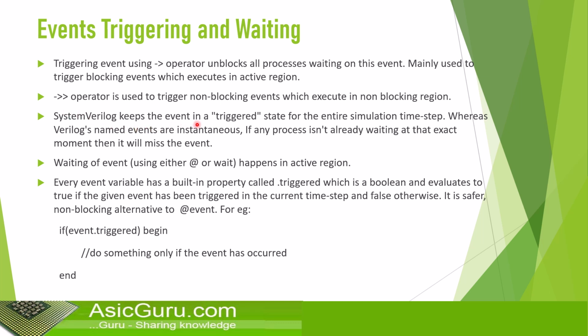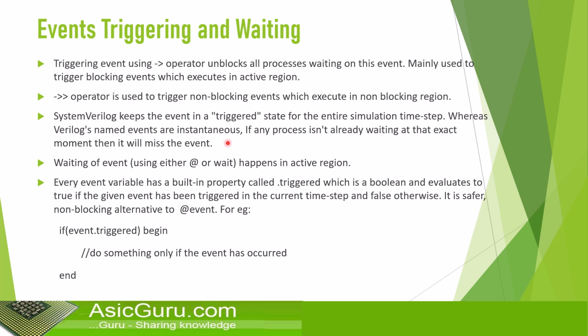In SystemVerilog, an event is kept in a triggered state for the entire simulation timestamp. What does it mean? If multiple processes are waiting on that event, they can all catch it within the timestamp. But in Verilog, all events are instantaneous, meaning as soon as you trigger it, the event is considered triggered only for that precise simulation delta.